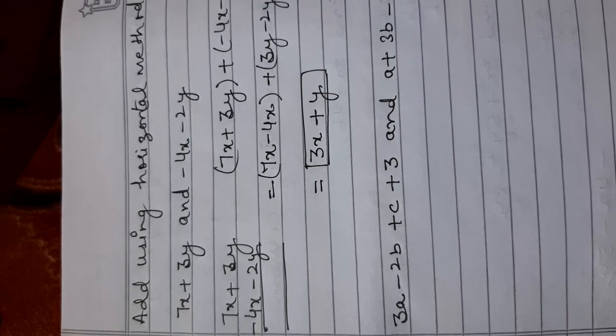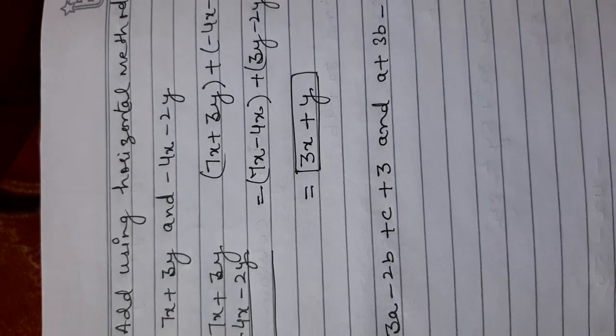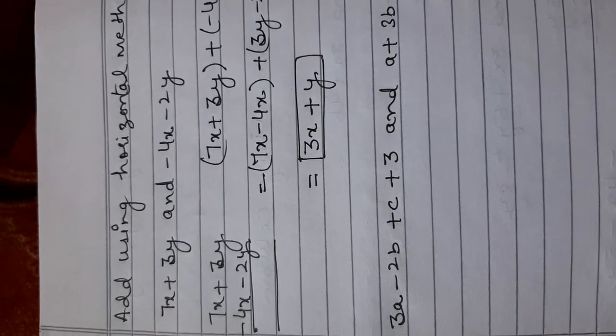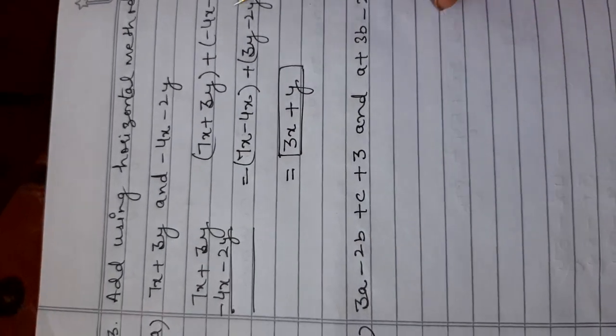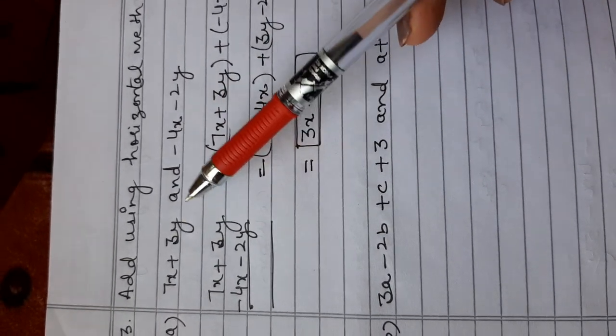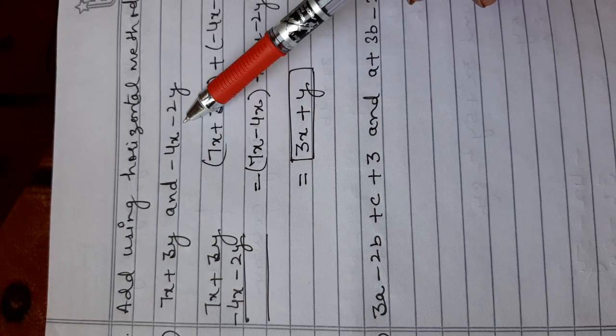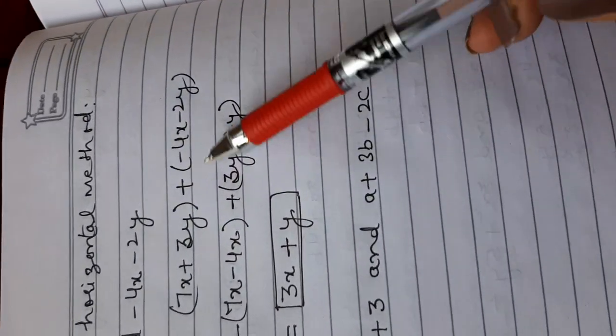Coming on to the next question, that is question number 3, add using horizontal method. Now here we have to add using horizontal method. So how are you going to add? 7x plus 3y and minus 4x minus 2y. What do you have to do?